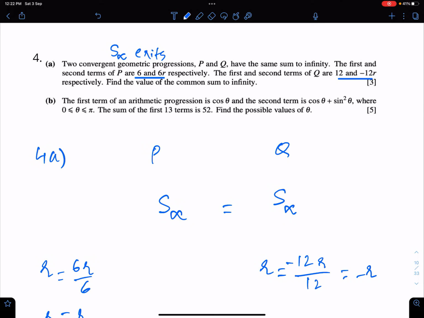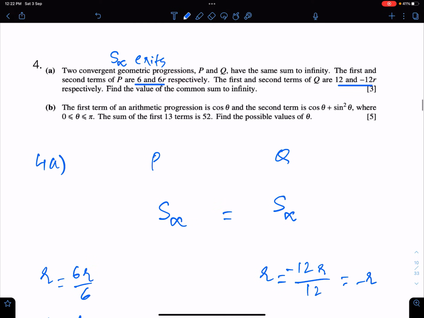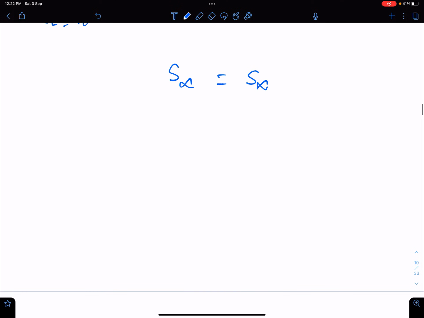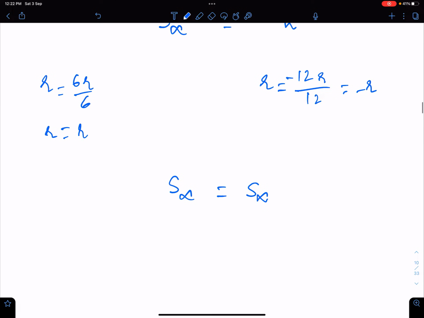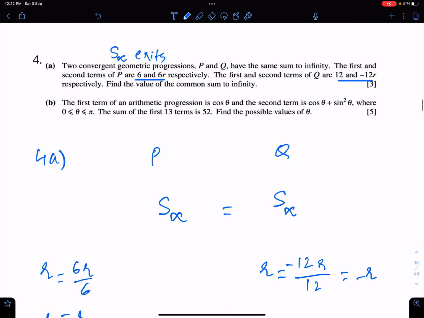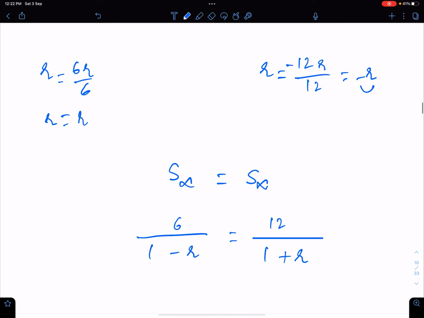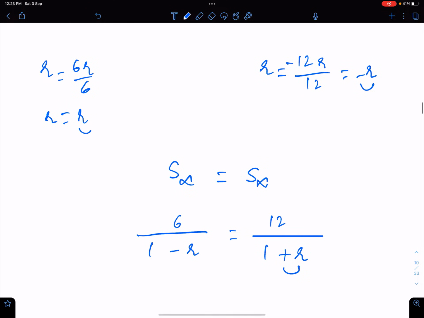Find the value of the common sum to infinity. So S infinity of both are the same. The first term of sequence P is 6 upon 1 minus r, since the common ratio of P is r.